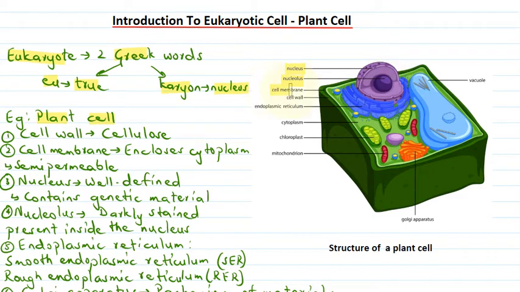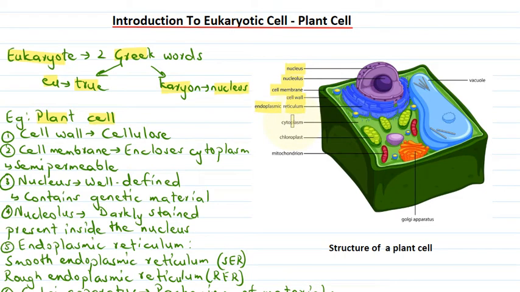Then there is cell membrane or the plasma membrane, which encloses the cytoplasm. Then there is cell wall. Cell wall in case of plants is made of cellulose, and cell wall is the outermost covering of the plant cells.